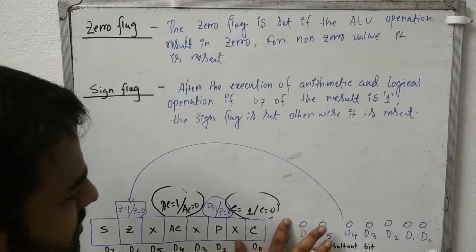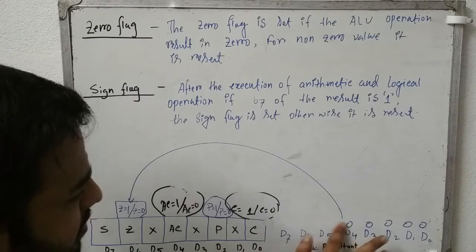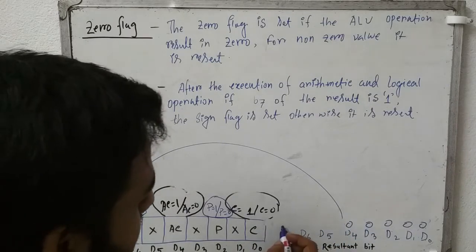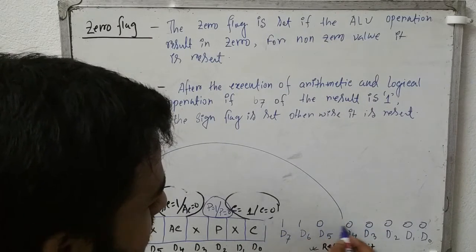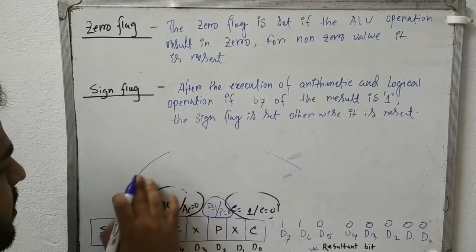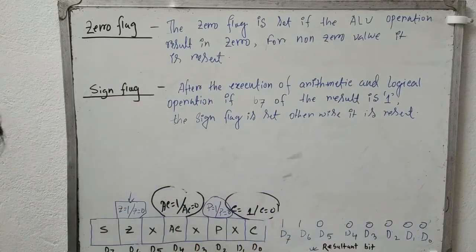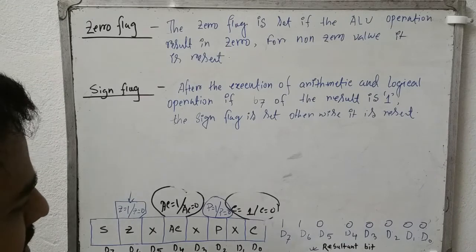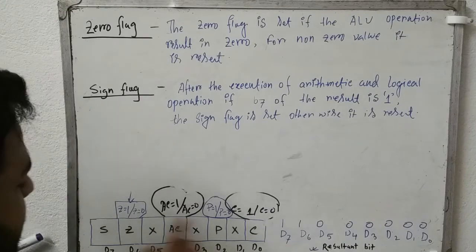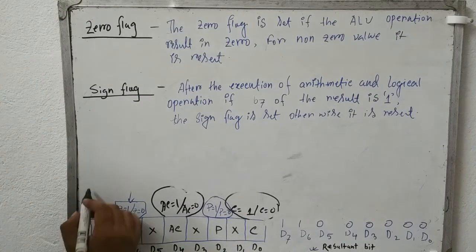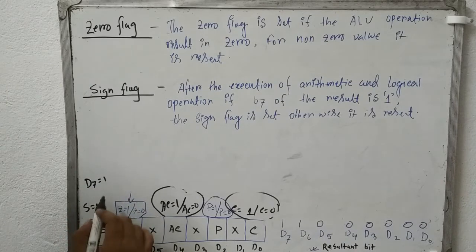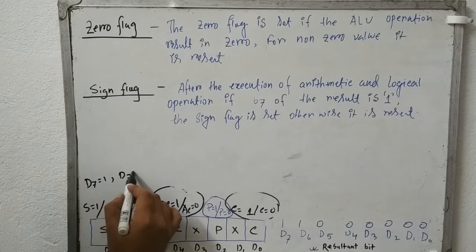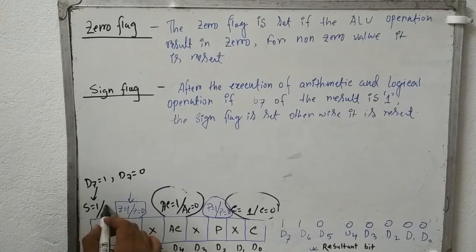Suppose this D7 bit is 1 here, and the rest of the bits are whatever. In that case, if D7 equals 1, we will set the sign flag. Otherwise, if D7 equals 0, we will reset the sign flag.